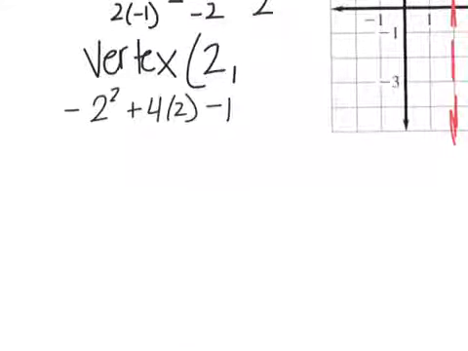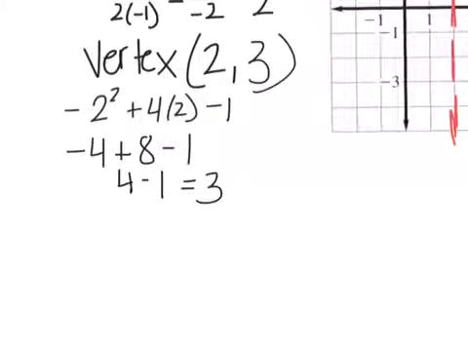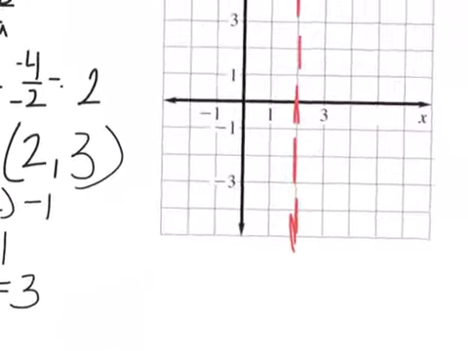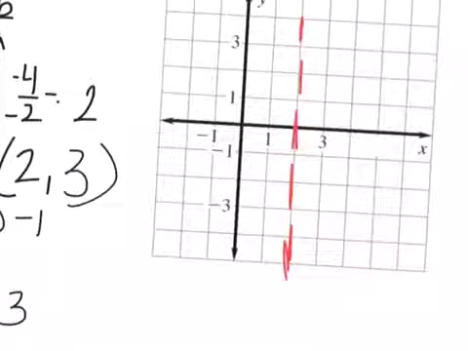When I solve that, I end up with -4 plus 8 minus 1, which gets me 4 minus 1, which is 3. So my vertex is at 2, 3. Move that dot onto there right away. So here's my axis of symmetry. My vertex is up at 3.